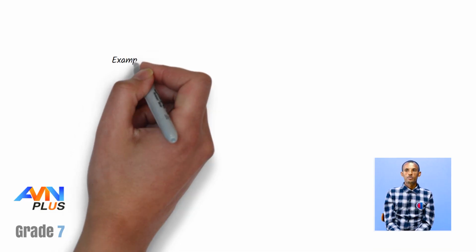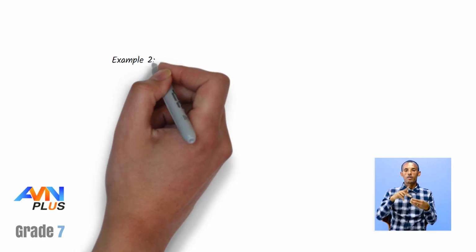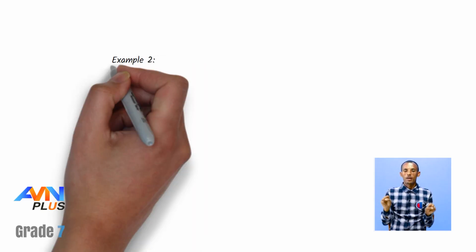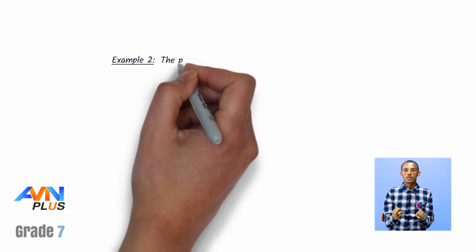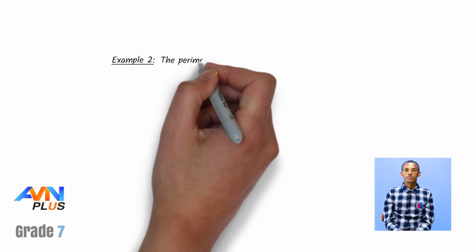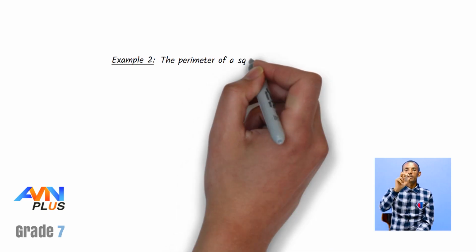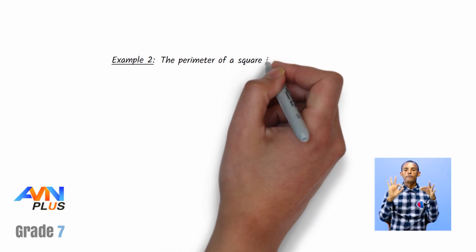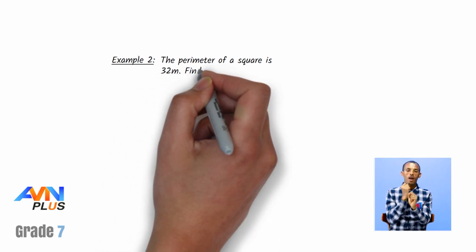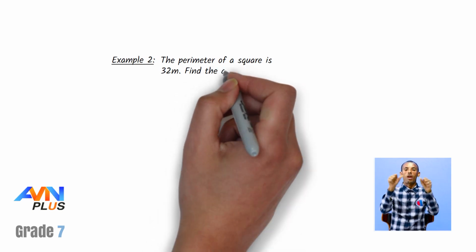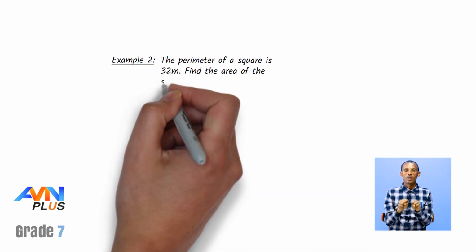The perimeter of a square is 32 meter. Find the area of the square.